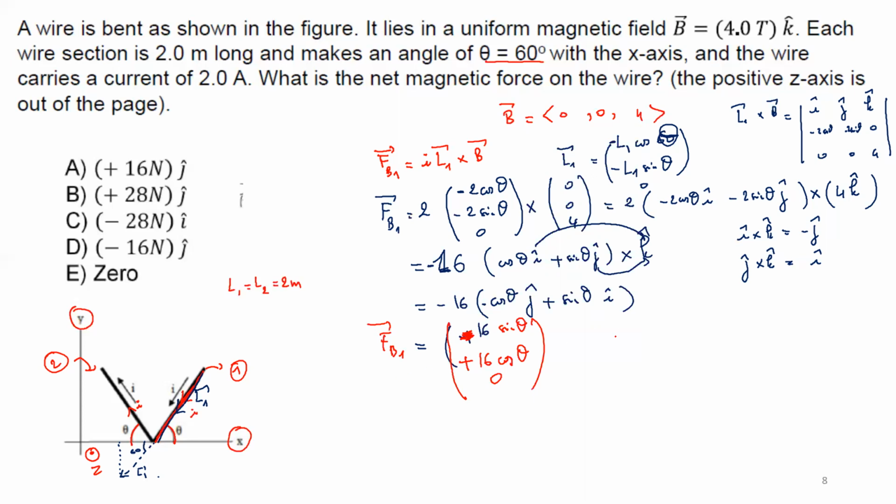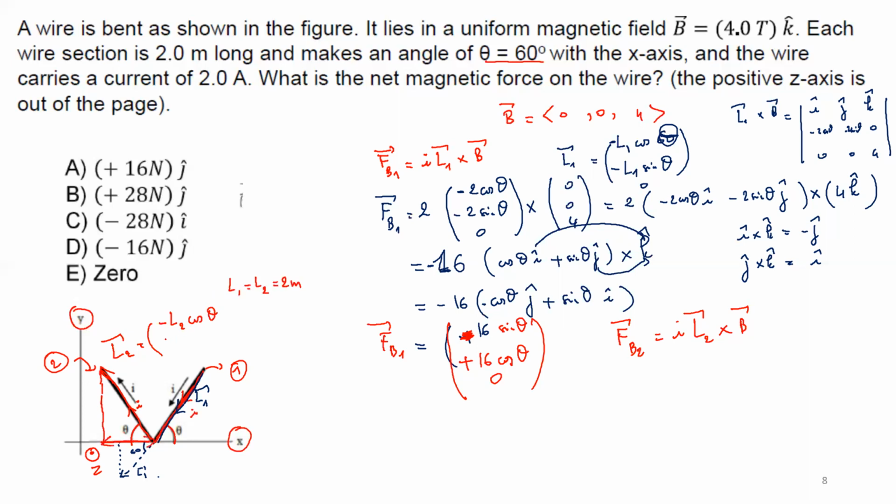Now let's calculate FB2. FB2 will be I L2 vector cross B. Now what's the L2 vector? L2 vector is this vector here. So what are the components of L2? Along X it's negative, minus L2 cosine theta. This is my L2X.